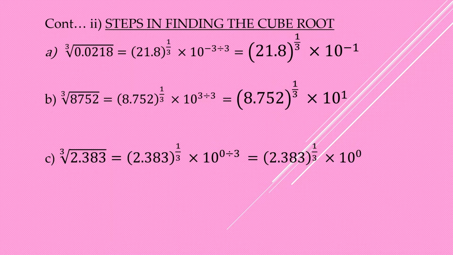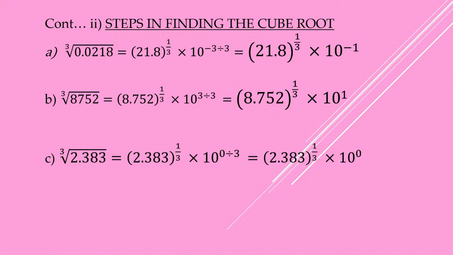We are going to find the cube root of 21.8, which can also be said as 21.8 raised to power a third. Then 8.752, the cube root of that, which can also be said as 8.752 raised to power a third.